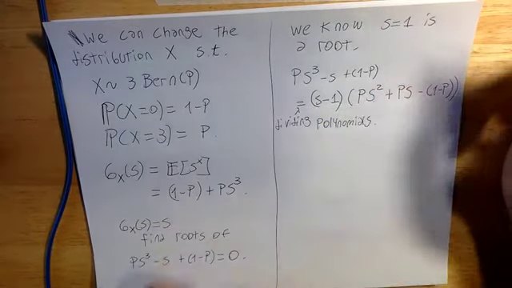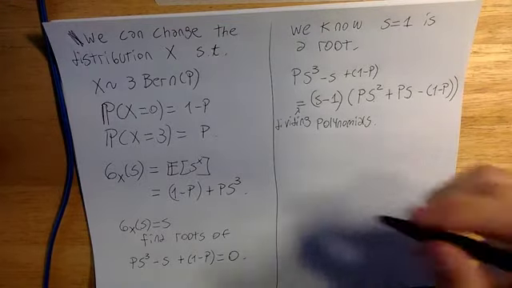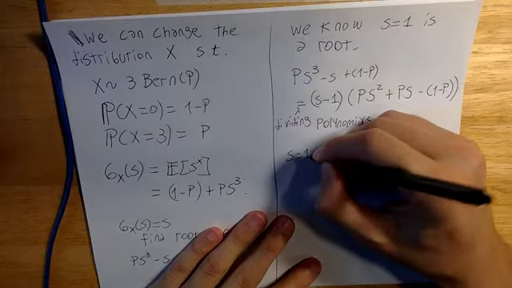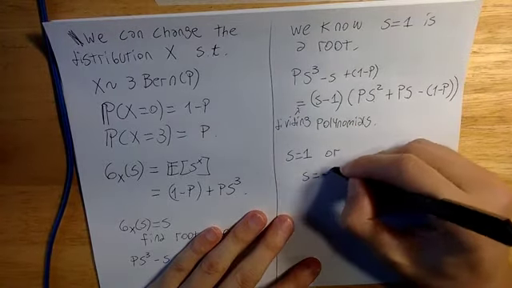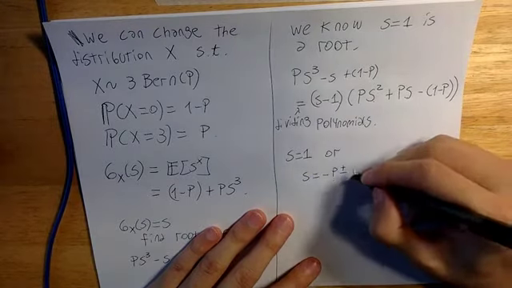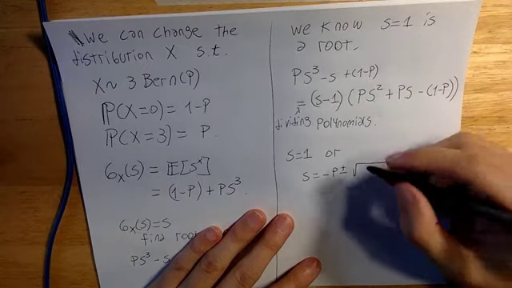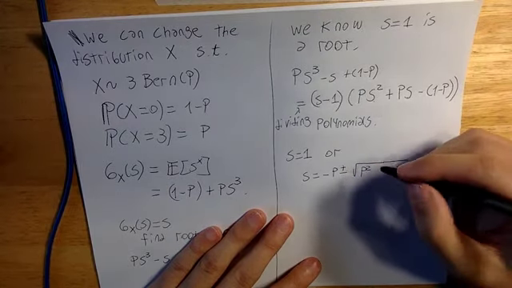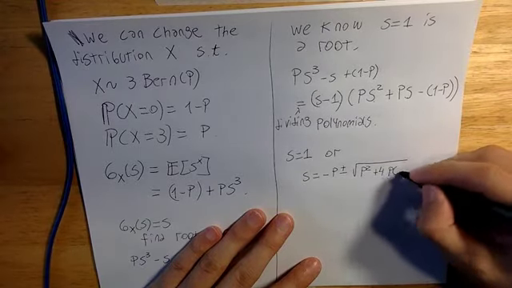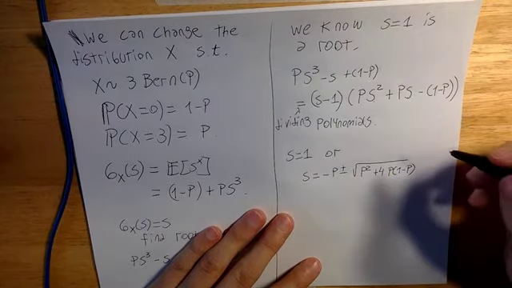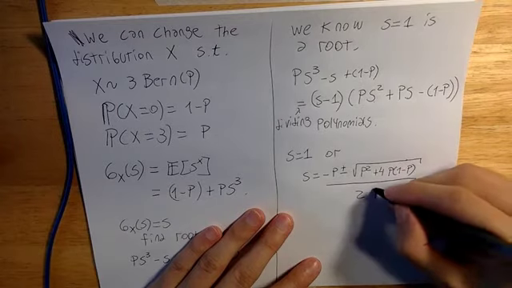Okay, so I'm not going to bore you with how to find the roots of this again. So then we have s is equal to 1 is a solution, or s is equal to minus p plus or minus the square root of p squared plus 4p times 1 minus p, over 2p.